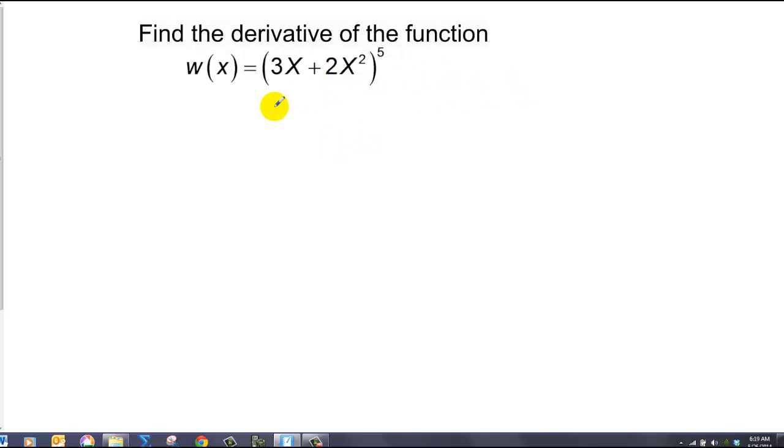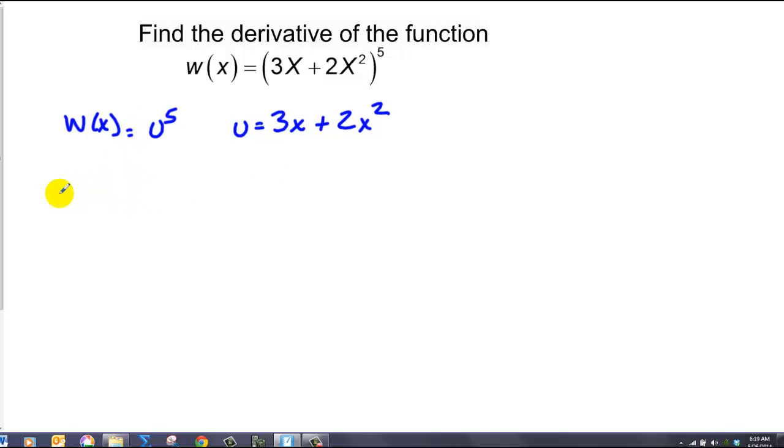So here's our initial function. We have our inside function and our outside function. So we're going to say that w of x is equal to u to the fifth power, where u is equal to 3x plus 2x squared.